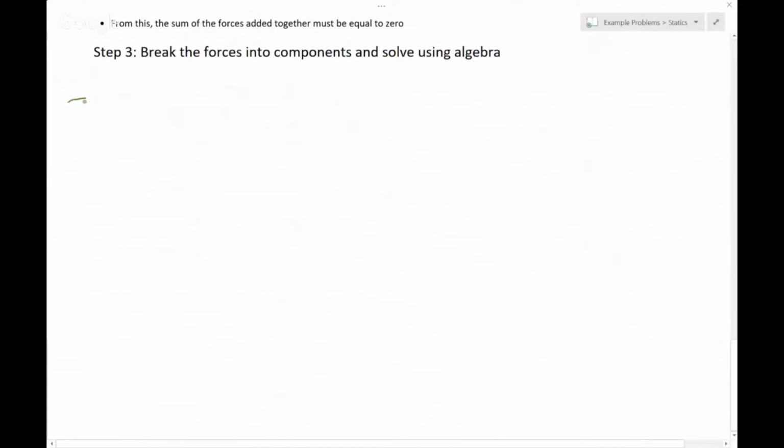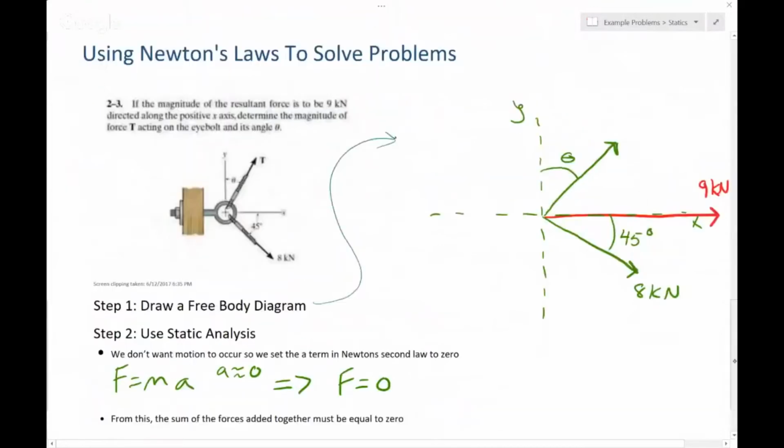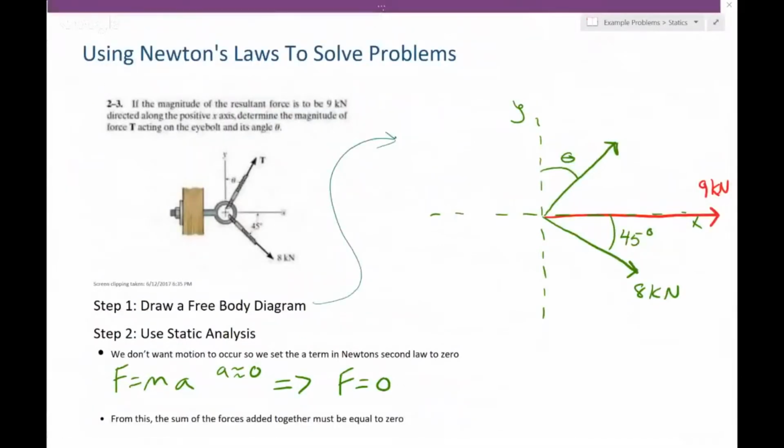So we have our positive X direction, and then we'll go summation of forces in the X direction is equal to 0, because that's the result we want. And then we'll relate this to the breakup of our above free body diagram, which I'll pull down here so it's easier to work with.